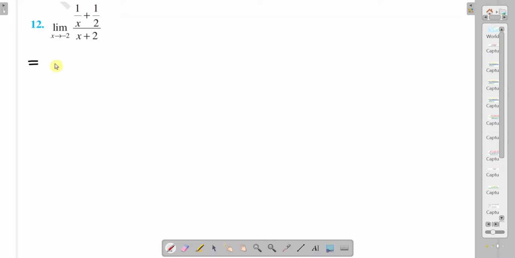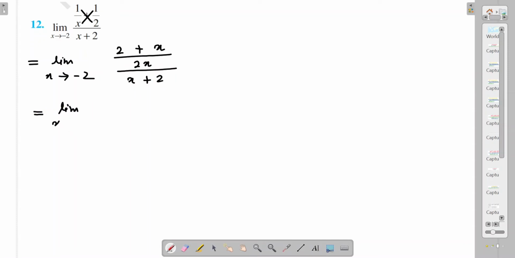Rearrange, manipulate, or simplify the numerator as well as the denominator. So limit x tends to minus 2, what you will get here? Cross multiply. So you will get 2 plus x multiplied by 2x, and that is divided by x plus 2. So this will be equal to limit x tends to minus 2.